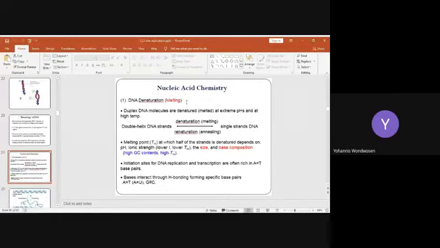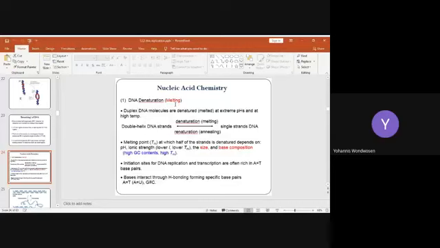When we see the nucleic acids chemistry, the first one is DNA denaturation, or melting. When the temperature is raised more than the normal rate, we call it that.